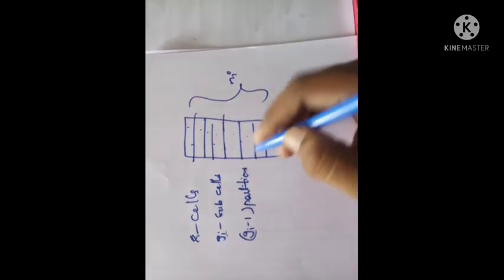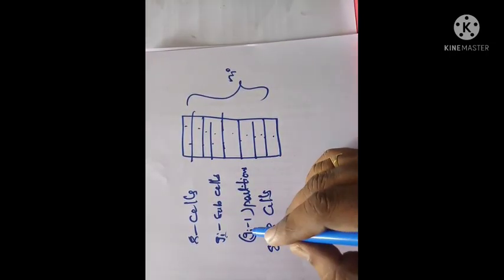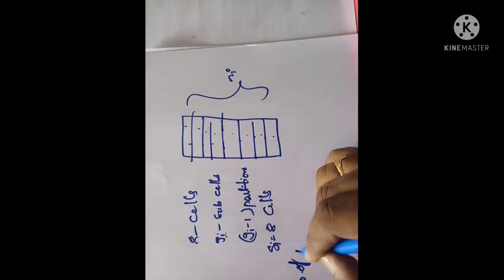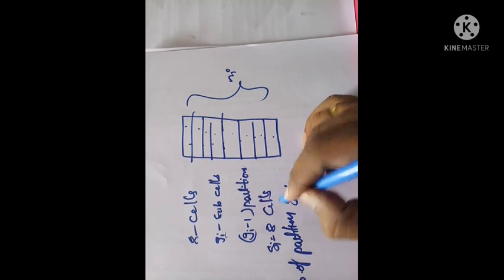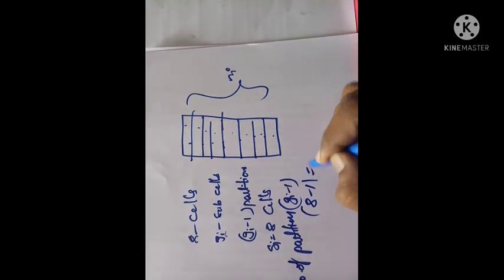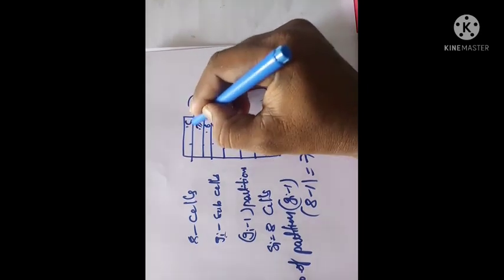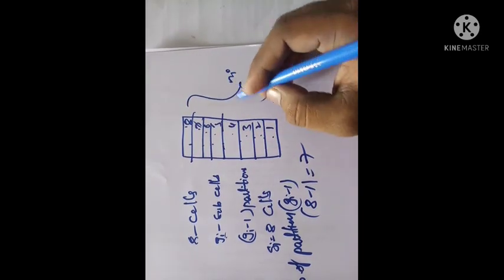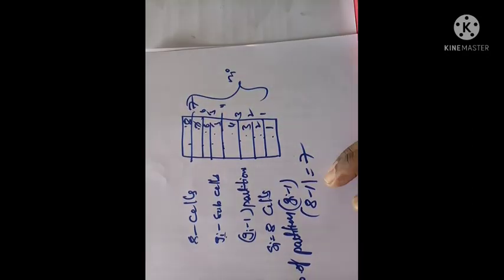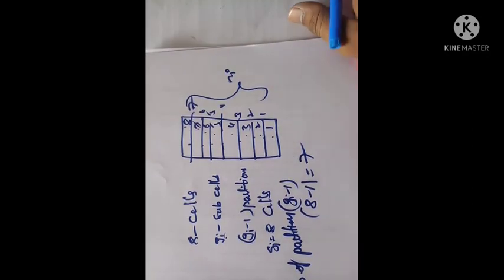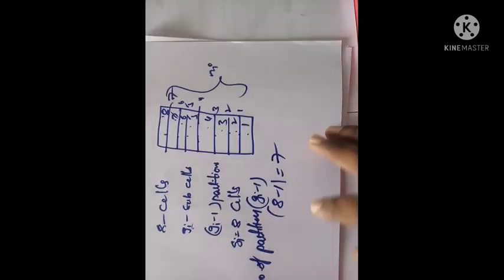So for Gi equal to 8 cells, the number of partitions is Gi minus 1, that is 8 minus 1 equal to 7.